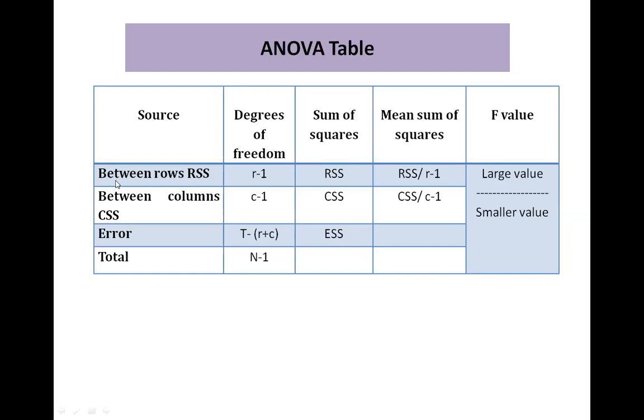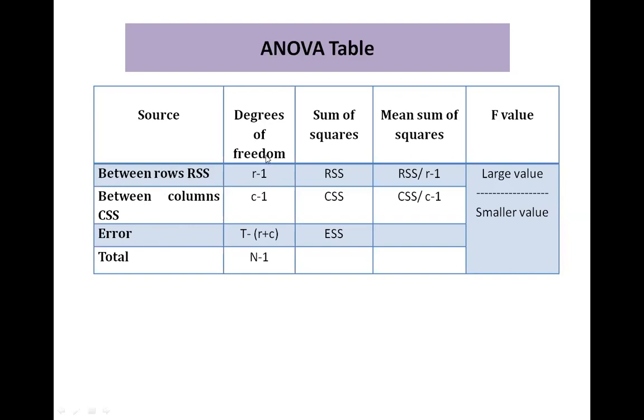First we consider the between row variation, then between column variation, or we may even have an interaction between factor A and factor B. Depending upon the number of rows and columns, we calculate the degree of freedom. You all know this is n minus 1. This is the formula for calculation of degree of freedom.